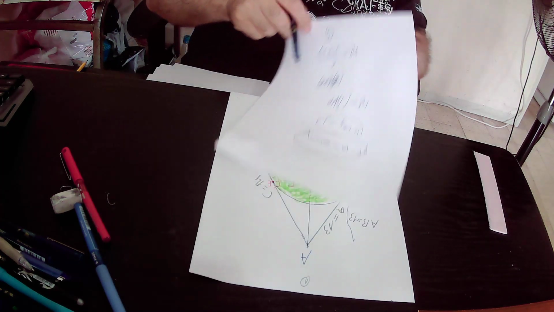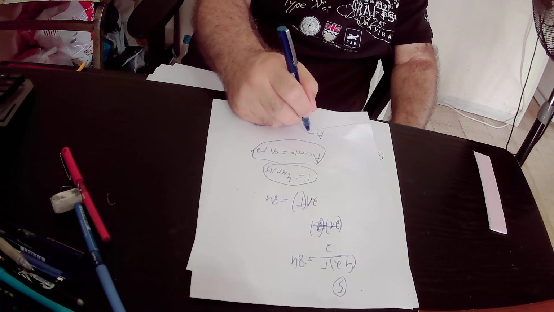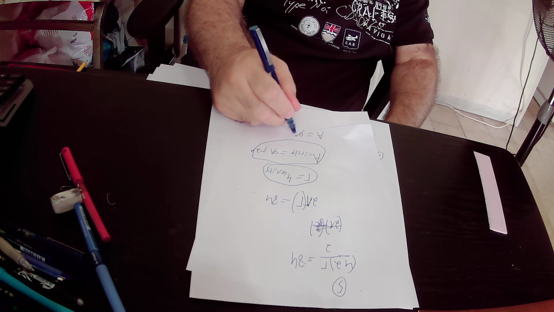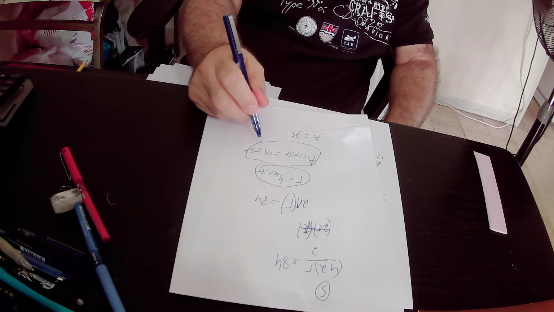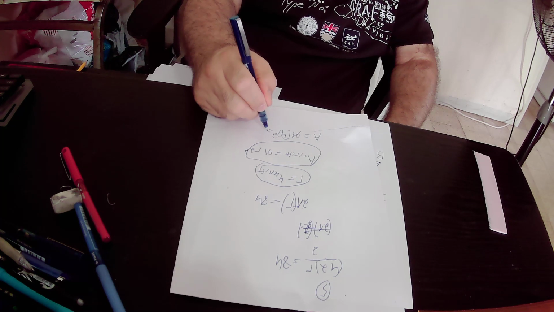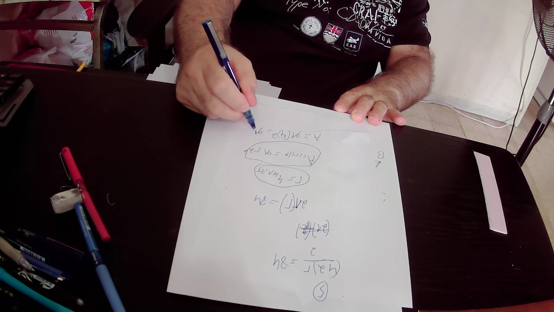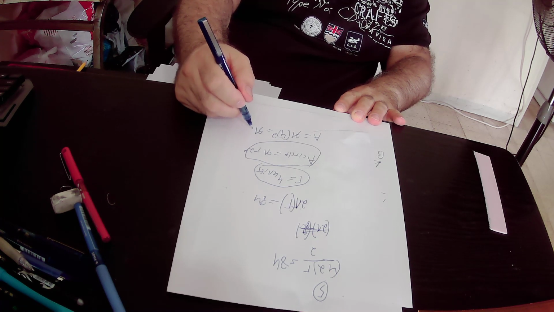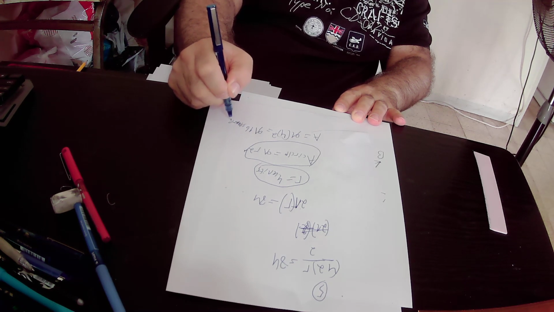We will get that the area of the green circle equals pi times 4 squared, and 4 squared is 16, so the area of the green circle equals pi times 16 square units.